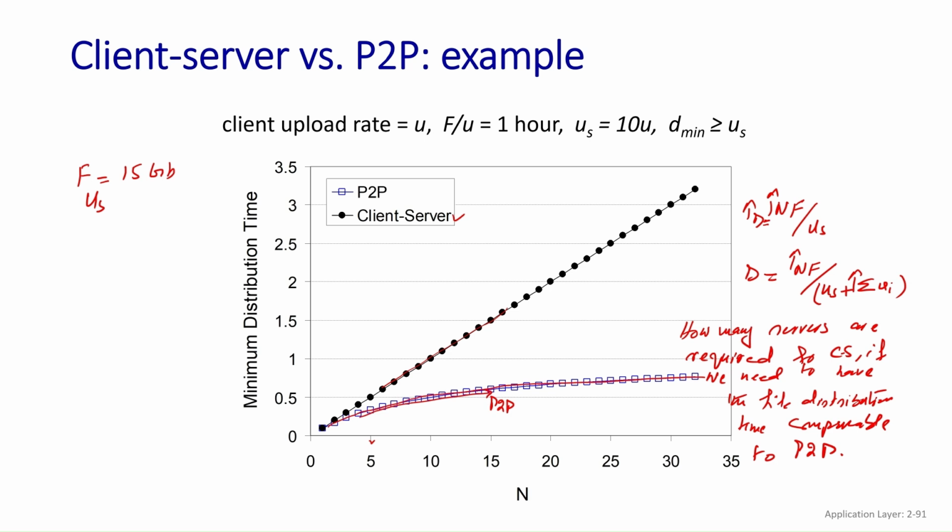You need to come up with a general formula, regardless of the scenario, for when we want to keep the file distribution time in the client-server environment comparable to that in peer-to-peer. So how many servers are required? Is this clear?